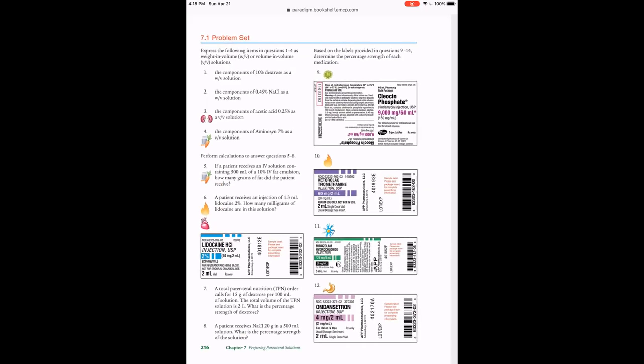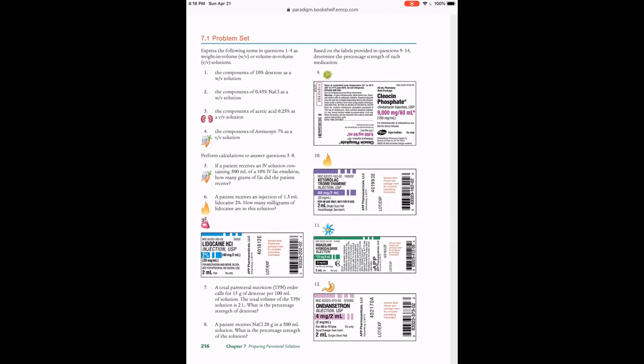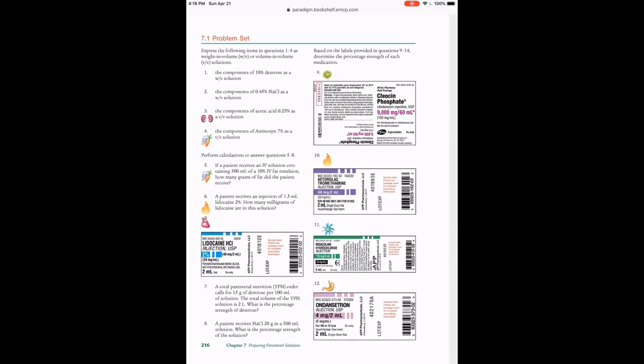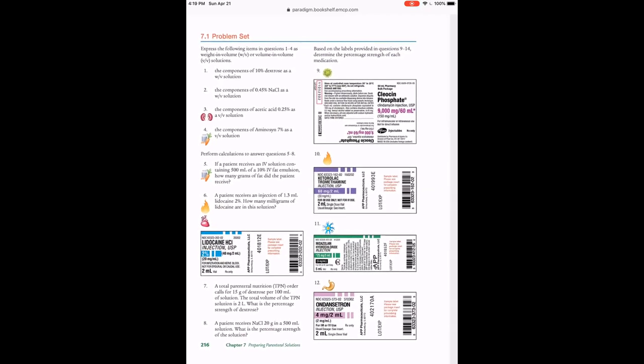So number 2 says, express the following items in questions 1 through 4 as a weight and volume or volume and volume solution. So number 2 is the component of 0.45% normal saline as a weight volume solution. Okay, so let's go ahead and go to the whiteboard and do that problem.